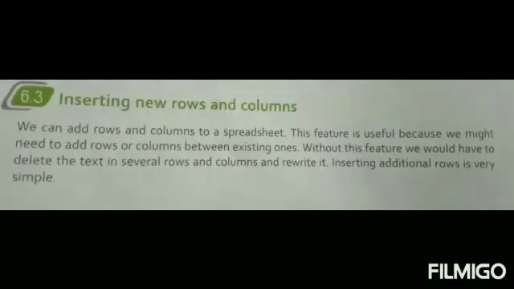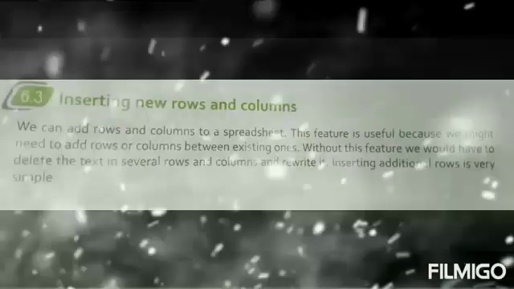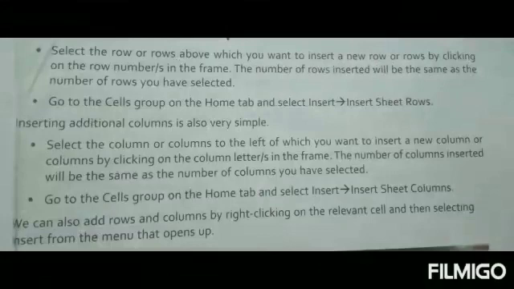Inserting new rows and columns. Because formatting is an art, and in formatting you need a new row and a new column, you can also insert a new row and column in a spreadsheet. For this purpose, you can select the row or rows above which you want to insert a new row or rows by clicking on the row numbers in the frame.